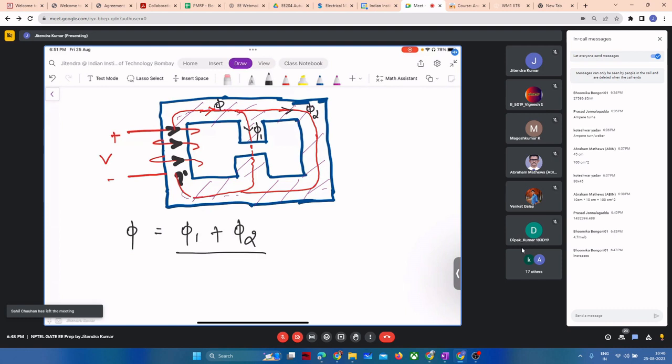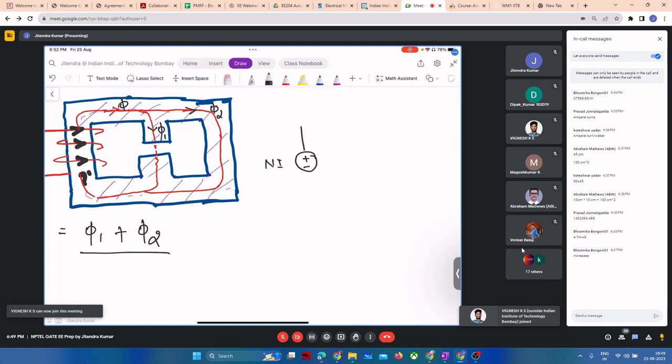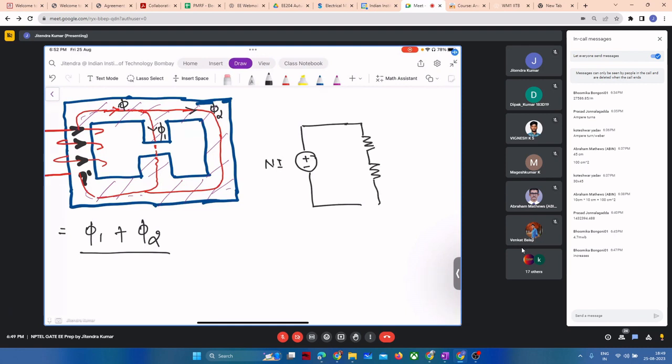Now, after this session ends, you just compute the reluctance, how the connection of the reluctances will look. Let me just draw that for you. So if you have this Ni, in the middle section, you will have two reluctances.